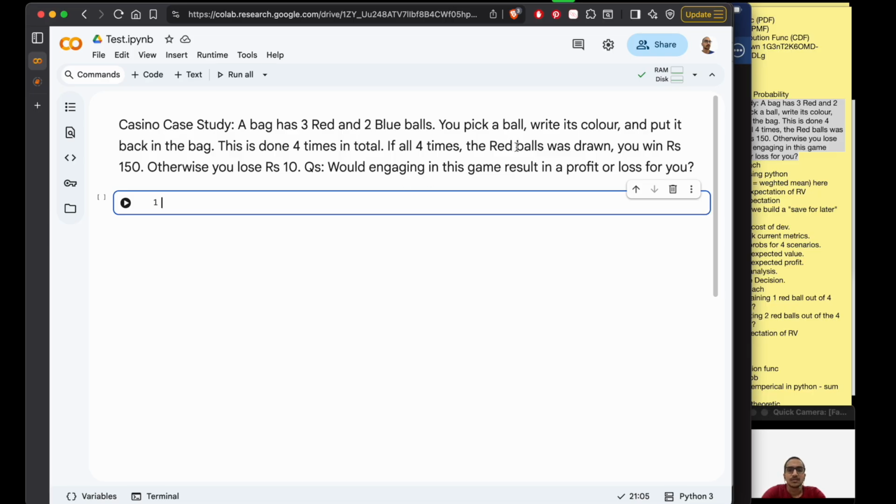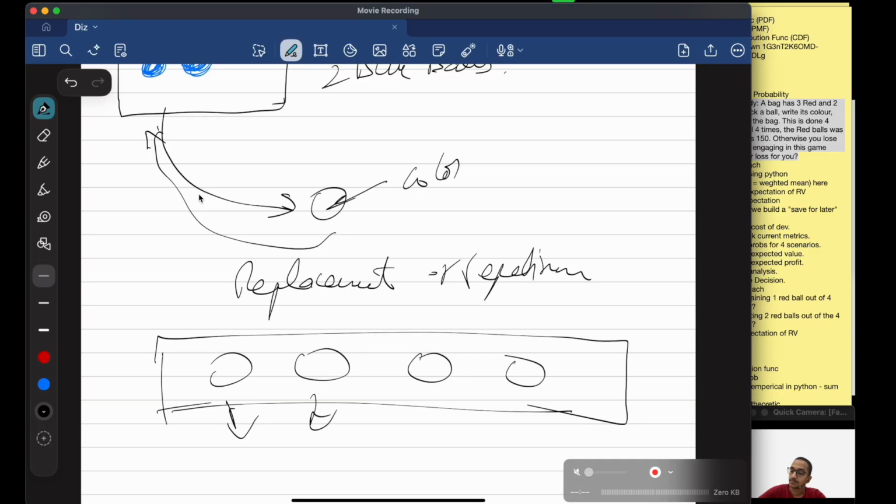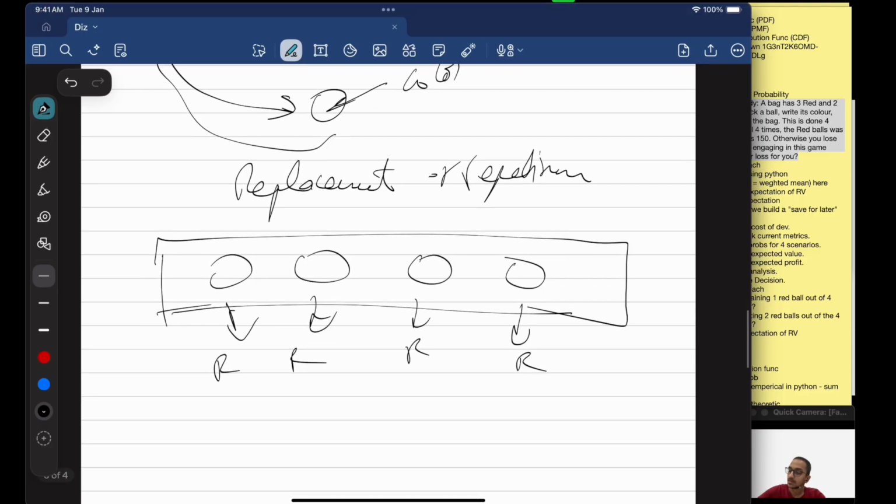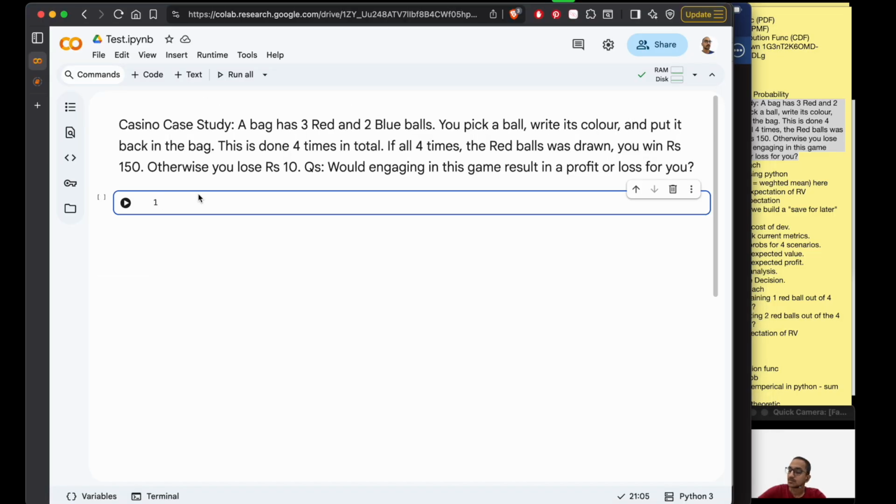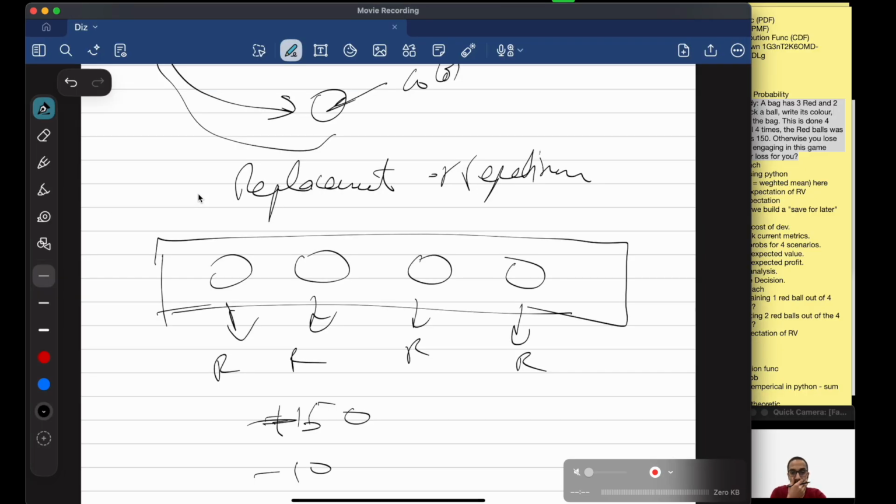If all 4 times the red ball was drawn, you win rupees 150. So if these are all reds, we win 150. Otherwise we lose 10 rupees.